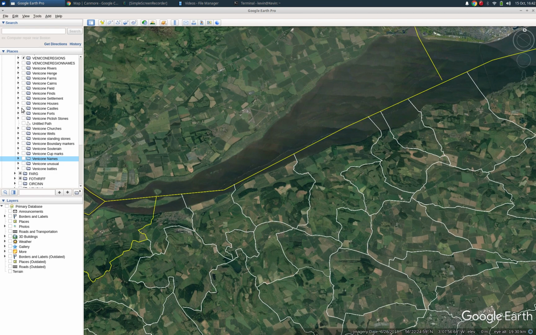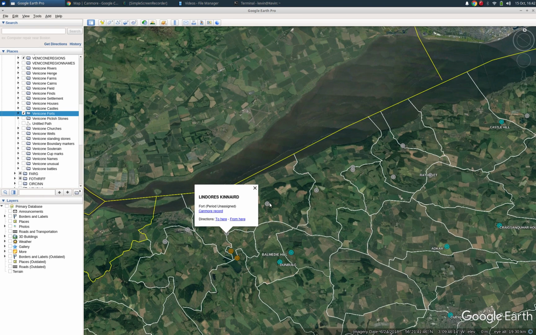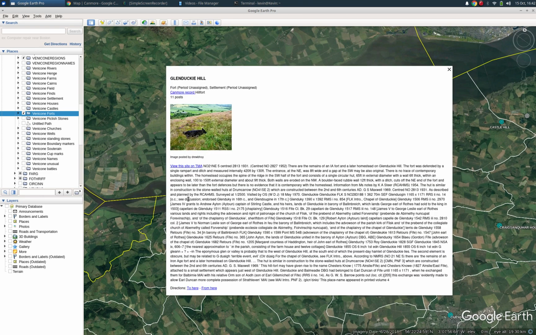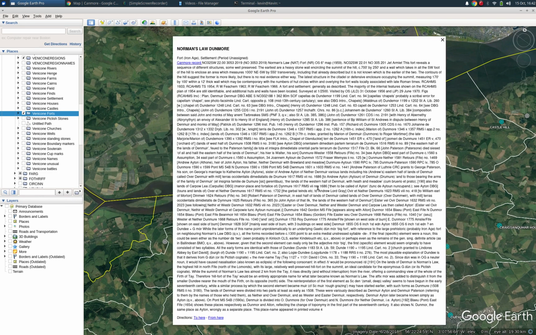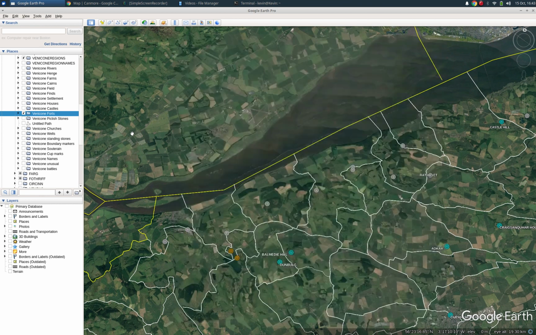So in this situation, what I've tended to do is, there we go, they've got Glenducky Hill. This is Norman's Law. This is the link here that takes you to the Canmore database and the information concerning the archaeological surveys that they've done on this area, and this also includes all of the information from the Fife place names database. So it's combined that information.